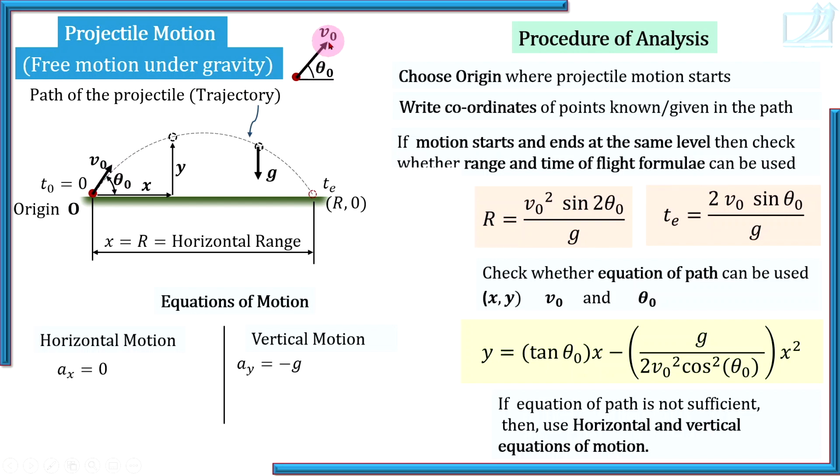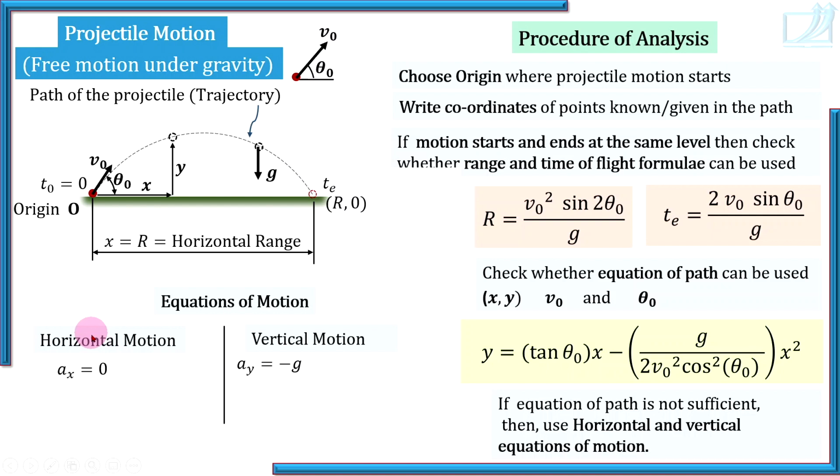So this is the initial velocity v0. What is its direction? Rightwards, upwards, and its angle is theta 0 with the horizontal. So what is the x component of initial velocity? That is v0 cos theta 0. The x component of initial velocity is the initial horizontal velocity. Simple logic. The y component of initial velocity is the initial vertical velocity.